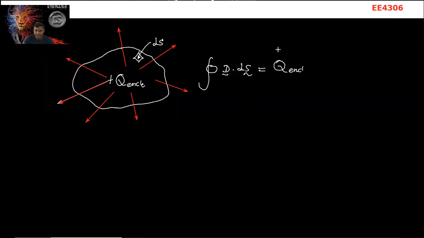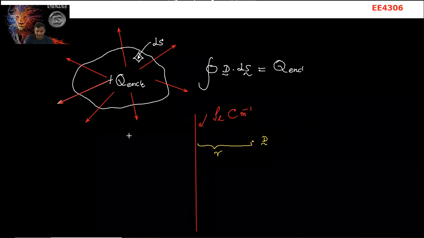Assume you have a line charge with line charge density of rho L coulomb per meter. If you want to find the flux density at this point, to compute the flux density at this point, you have to select an appropriate Gaussian surface.